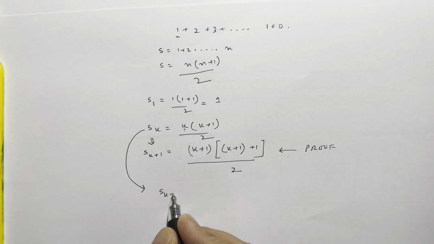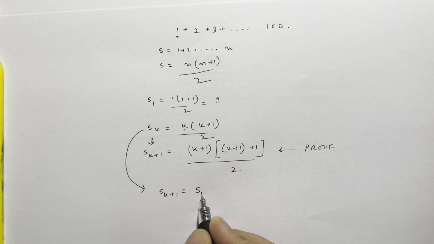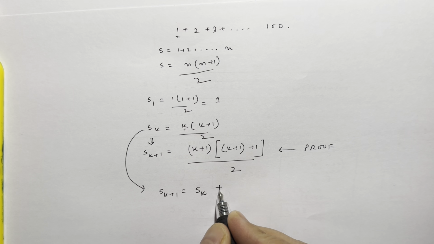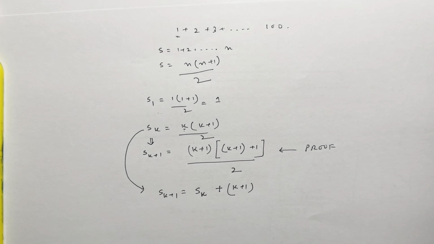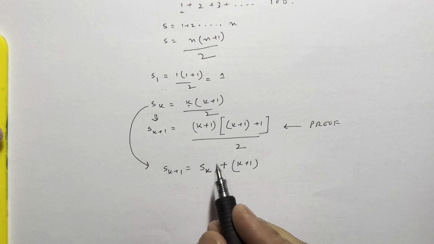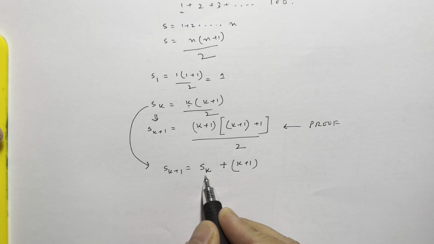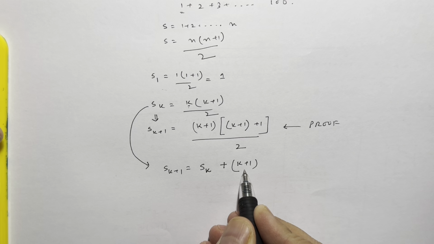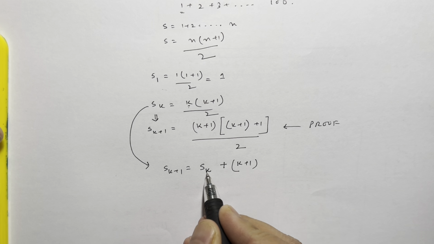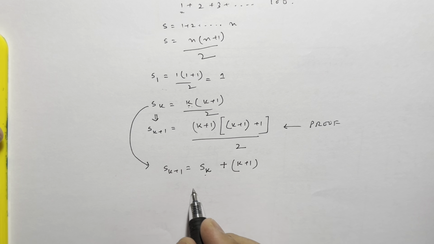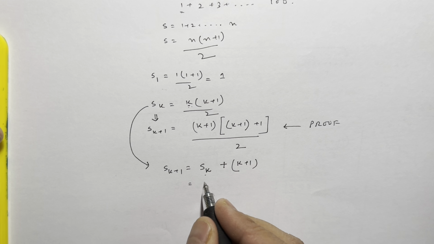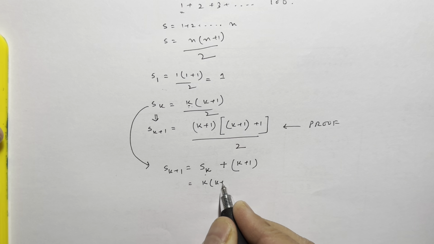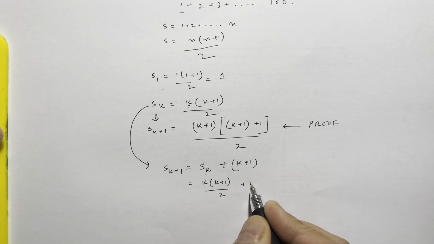Now we say Sk+1 could also be written as Sk plus k+1, isn't it? Because suppose this was number 7, then the next number we add is 8, k+1. But we know Sk is k(k+1)/2. So k(k+1)/2 plus k+1.